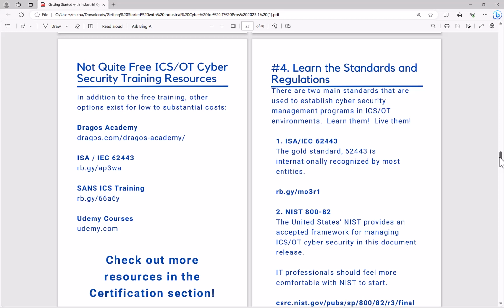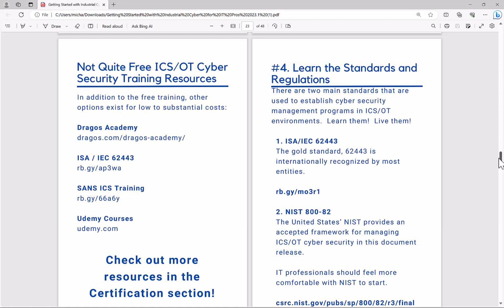They see it as a practical approach to implementing security in our control system environments. And there's also NIST 882. ISA is more like the United States version of their European counterpart, IEC. So depending on which part of the world you are in, you might see ISA or IEC, but it's essentially the same thing, the same framework and the same standard.